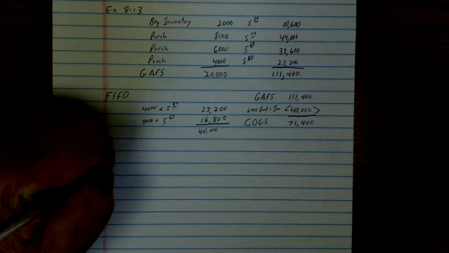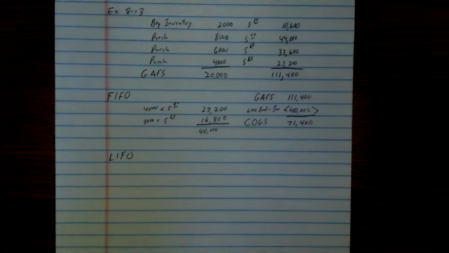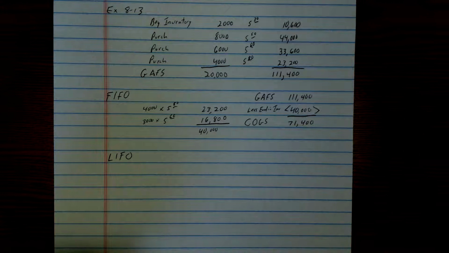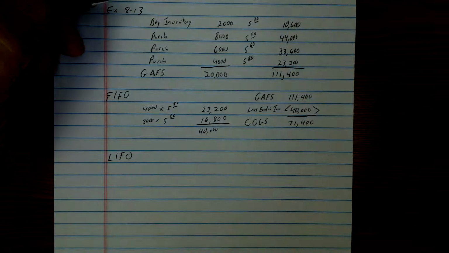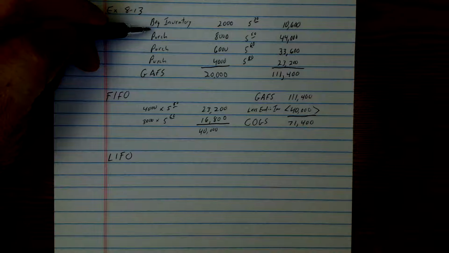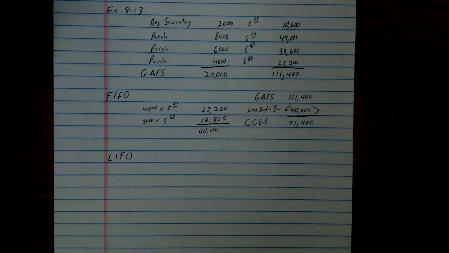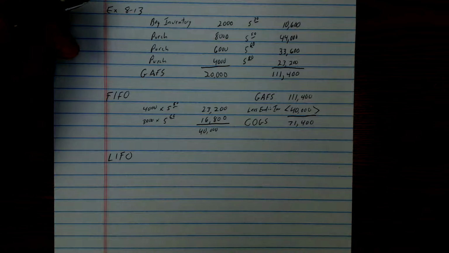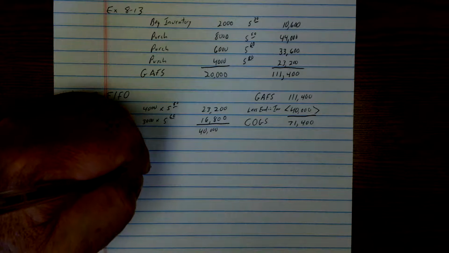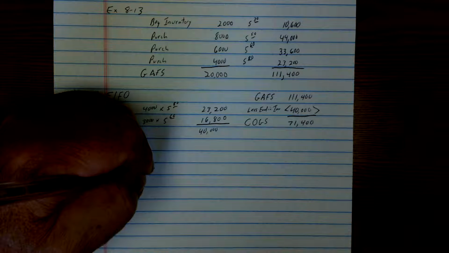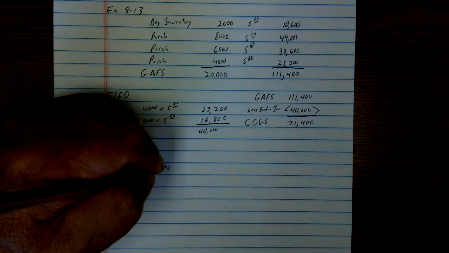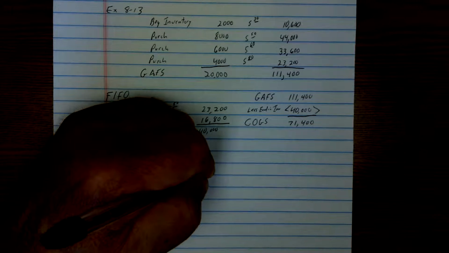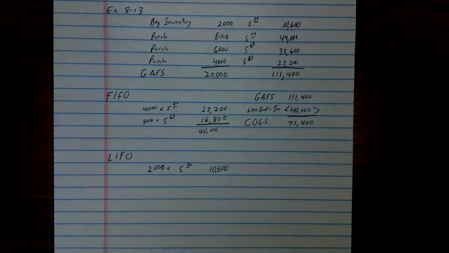Then on LIFO, we go the opposite way. The last in are the first ones out, so we're going to have the oldest units still in ending inventory. Remember, this is just an accounting convention. This is not what really happens on the shelf. So we're going to have the full 2,000 times $5.30, and that's $10,600. Then we're going to have 5,000 of the 8,000 purchase.